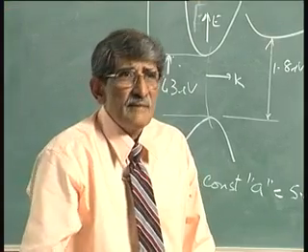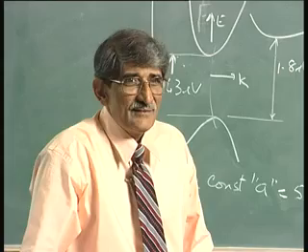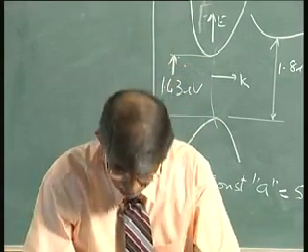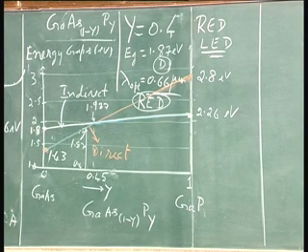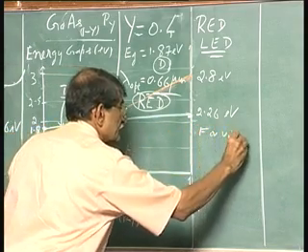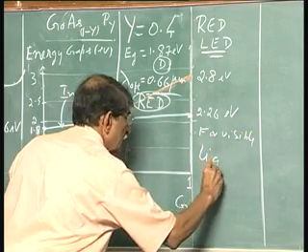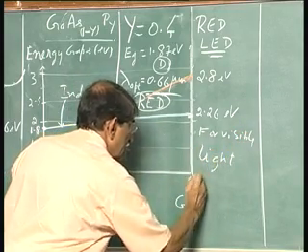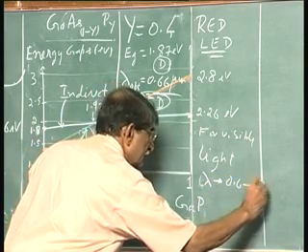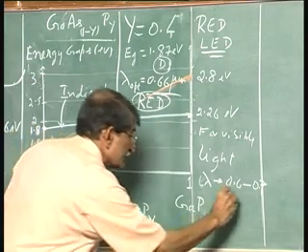Visible light, anywhere from 0.4 to 0.7 microns roughly.